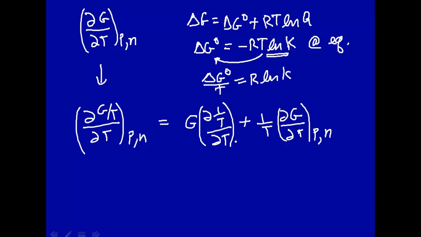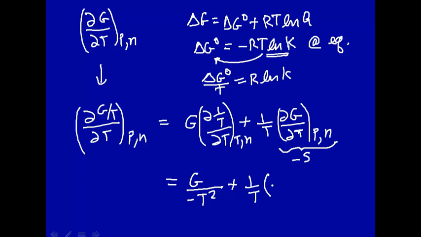The derivative of 1 over temperature with respect to temperature is minus 1 over T squared, so we get minus G over T squared plus 1 over T times how G varies with temperature at constant pressure and N. Remember what that is? It equals minus S, from Lecture 8, the last lecture. That's kind of cool, so we can just put a minus S here.